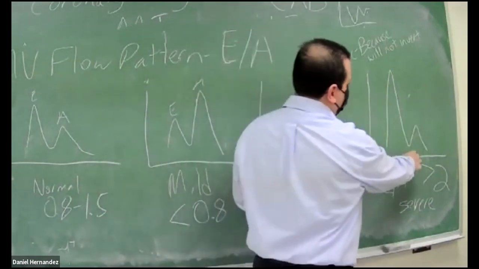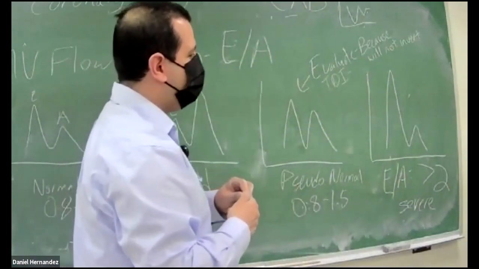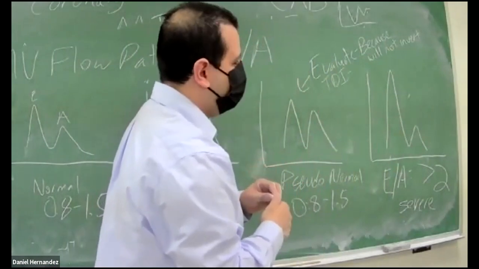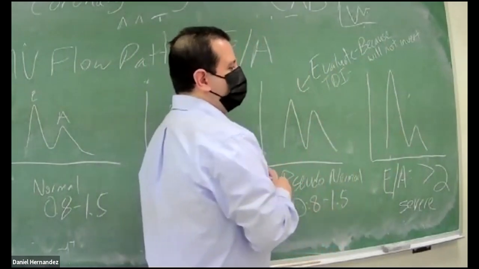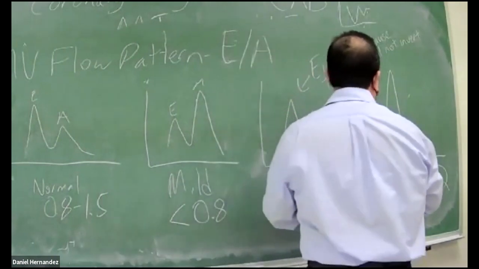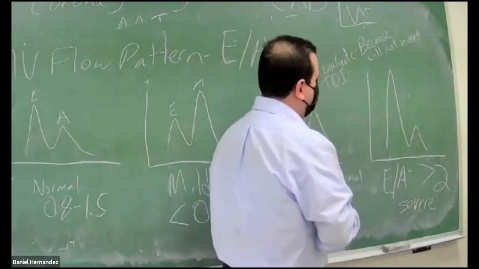Conversely, if the atria are not contracting very well, say from restrictive cardiomyopathy where they become large and dilated, you're going to wind up with a smaller A wave.